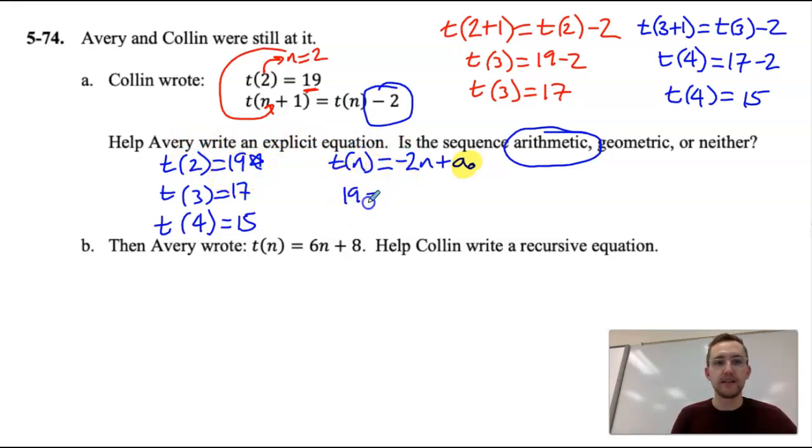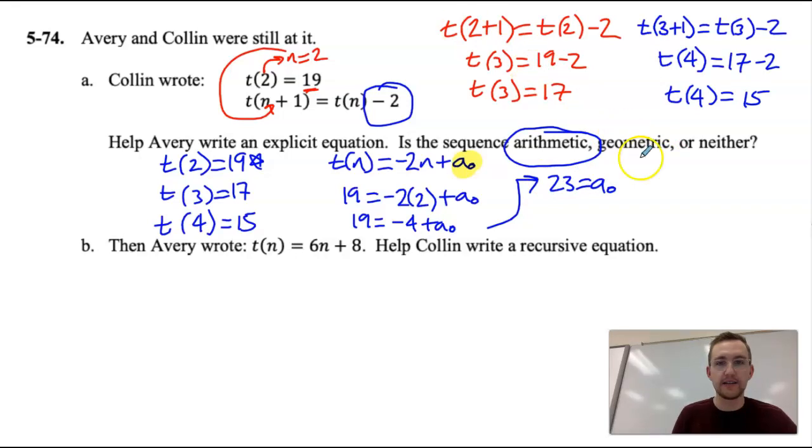So if we have 19 is equal to -2 times 2 plus a sub 0. So now we get 19 is equal to -4 plus a sub 0. Now we got to add 4 to both sides. So if we move this over here, we get 23 equal to a sub 0.